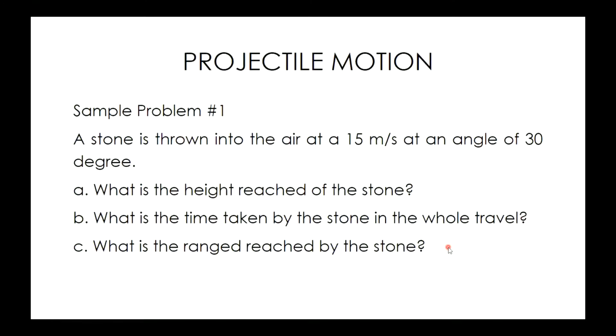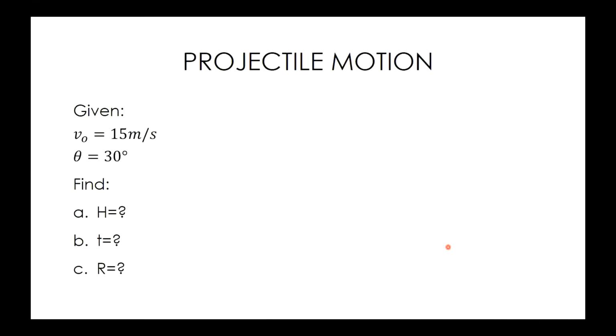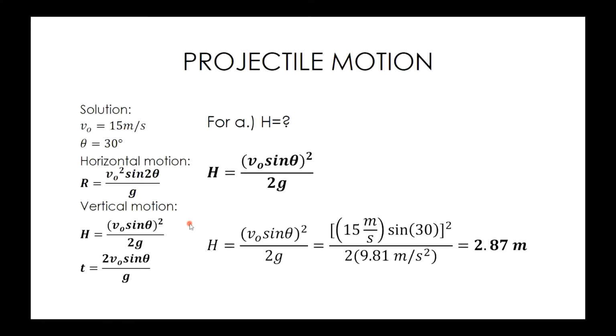So let's proceed to the solution. We have the given initial velocity 15 meters per second and our angle of trajectory theta is equal to 30 degrees. So we are going to find for height, time, and range. For height, so let us consider first our formula.